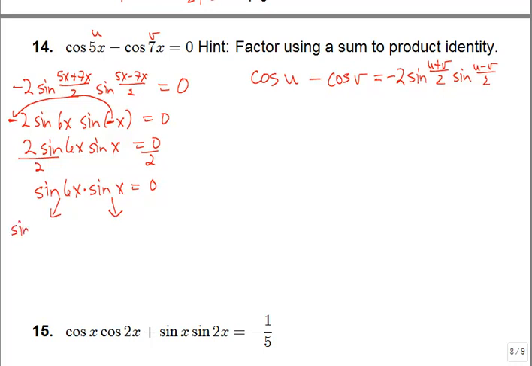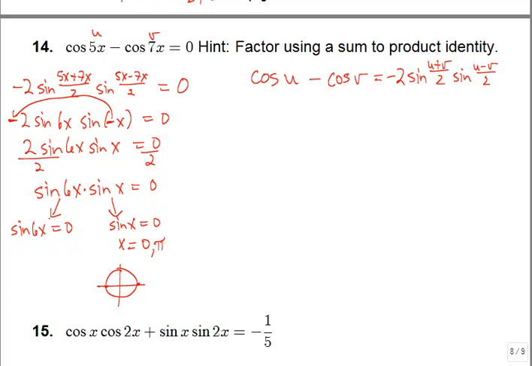So it's okay that their angles don't match, because we can set each of these to 0 automatically. Now let's do the easier case first. Let's deal with the sine of x equaling 0. Where does sine hit 0? Sine is that y coordinate. So that's going to be here at 0 or here at pi. So those are two solutions that I have so far.